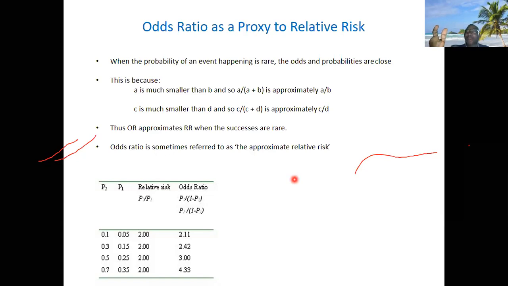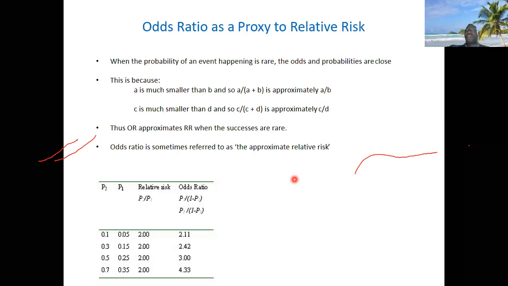And that is why when you are dealing with a rare disease, studying it with a cohort study is very expensive. If you waste money on a cohort study with a rare disease, you may not get any result because the disease is rare. You may not even see one case of the disease in 40 years. But it makes sense to gather those that already have the disease and do a case control.